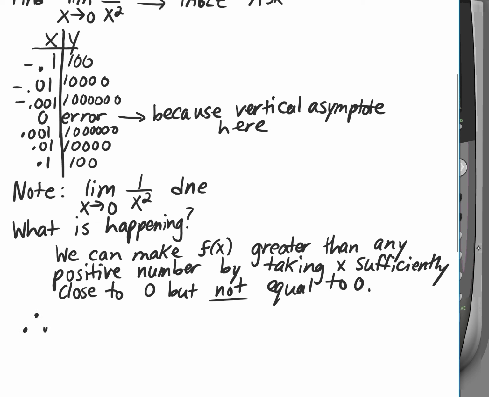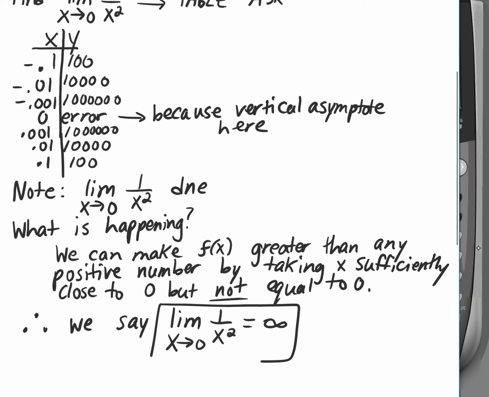Therefore, these three little dots mean therefore, we say the limit as x approaches 0 of 1 over x squared is equal to infinity. Both sides are going towards positive infinity, so we say that.